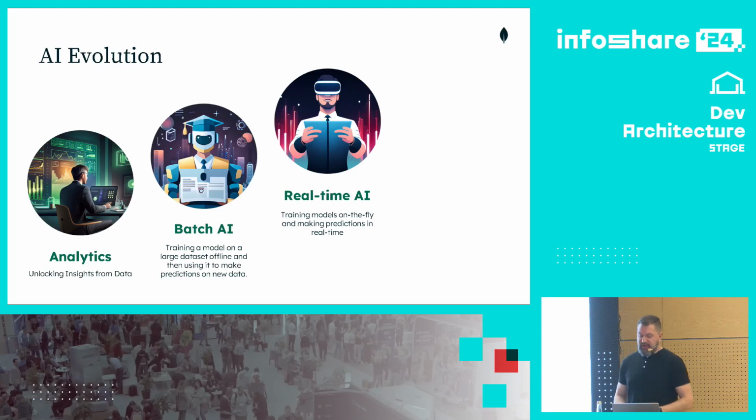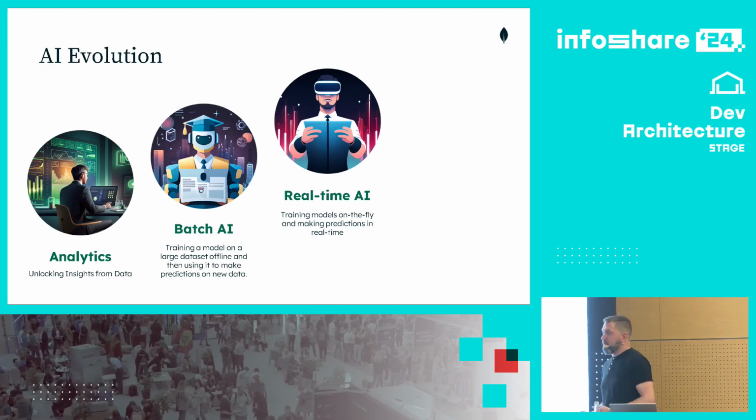Real-time AI represents a significant step forward from traditional AI. This approach involves training models on real-time, live data, and making predictions or inferences in real time. This is particularly useful for fraud detection, for instance, where the need for real-time data is critical, because what good is fraud detection when the person defrauding you has already gotten away with it?